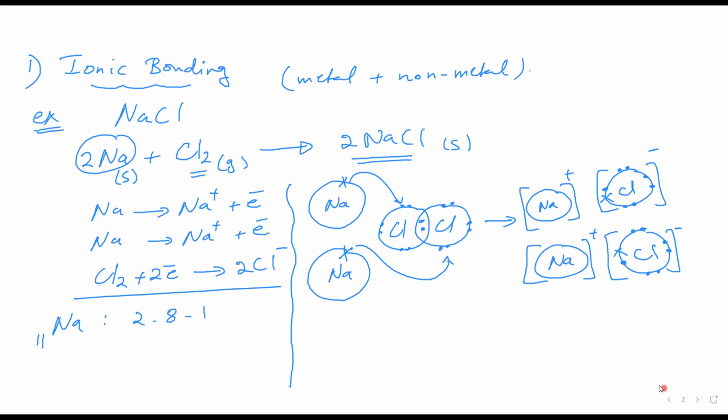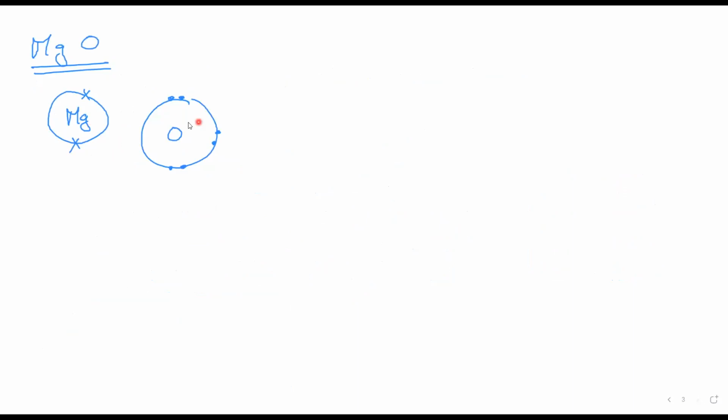But for magnesium oxide, the oxygen needs 2 electrons. It's present in group 6. And magnesium can lose 2 electrons, so it can give them to the oxygen. But also, as we did in the case of sodium and chlorine, the reaction is between magnesium metal and oxygen gas to form magnesium oxide. So here also we have an oxygen molecule.